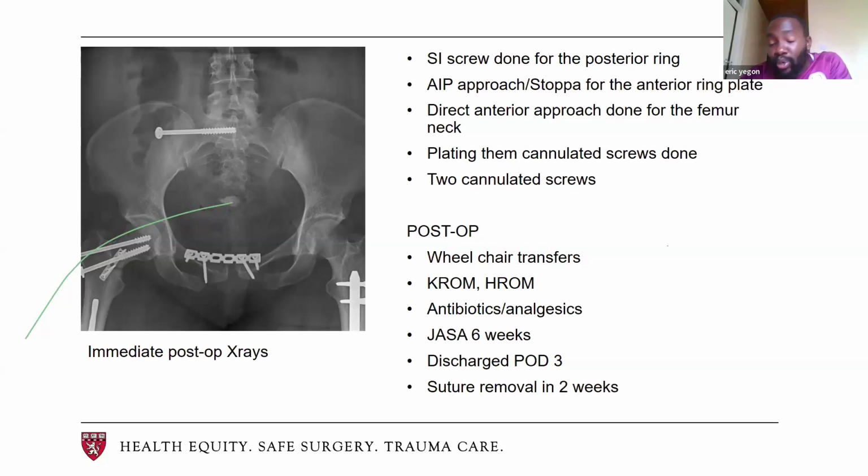I think the most important thing is just to try to get them as anatomic as possible. That is the consensus we can at least get to. But here we usually start with the neck, then the shaft.